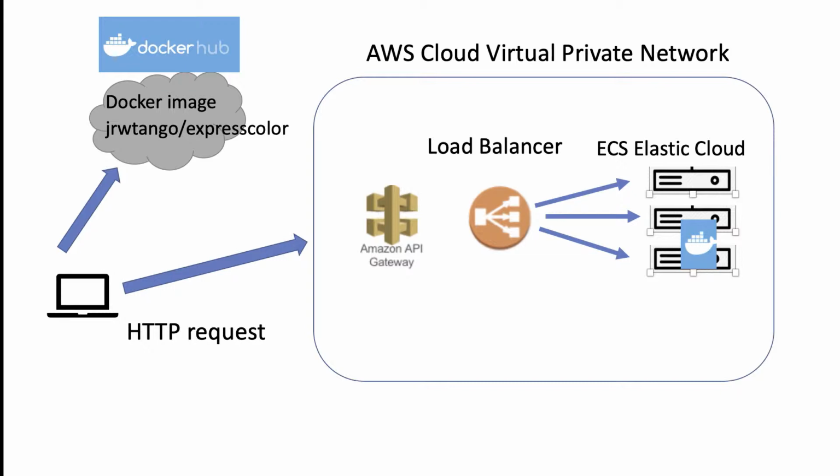We're going to front those machines with a load balancer, and we're going to use an API gateway to handle requests. So eventually we're going to send HTTP requests, and we're going to address them to the API gateway, and that's going to be passed on to the load balancer and to one of the Docker containers. We're going to run our web server on port 3000, and we'll see how to do that.